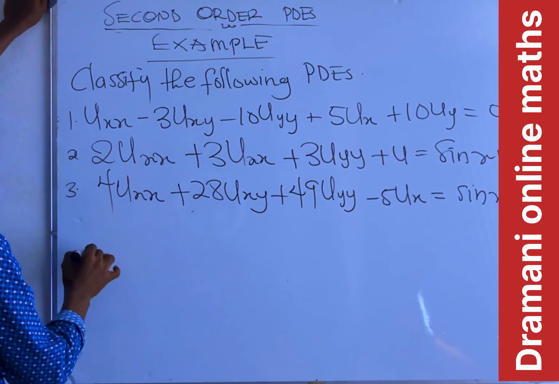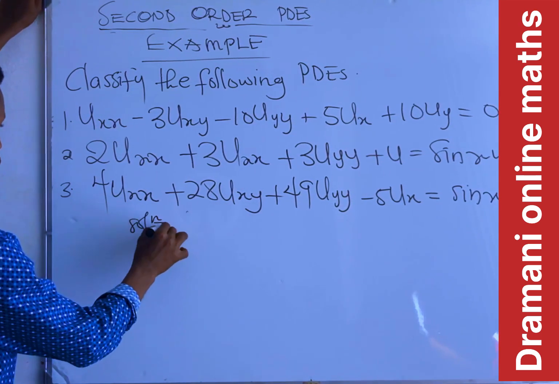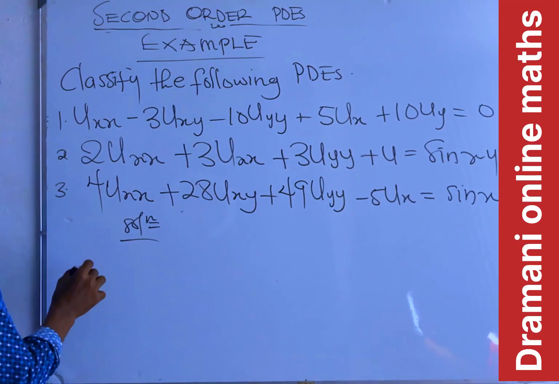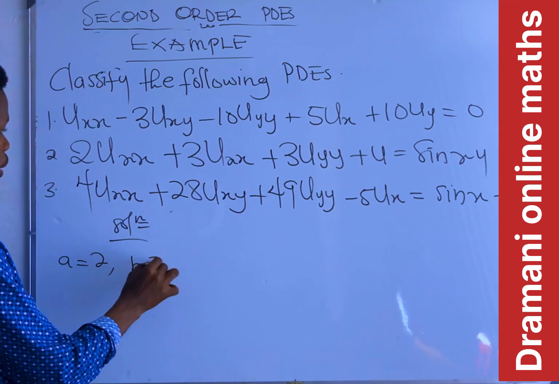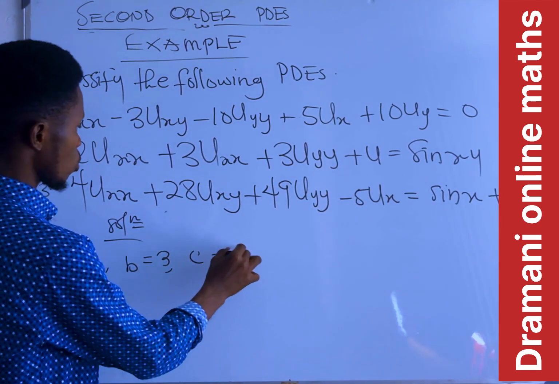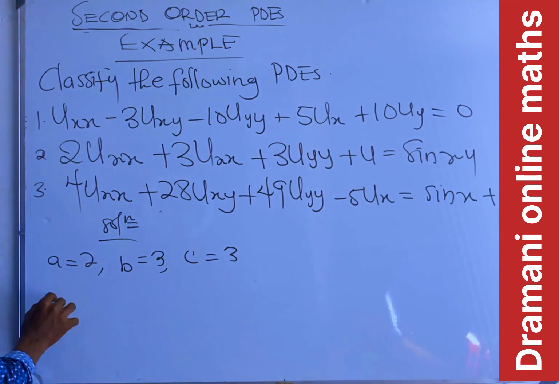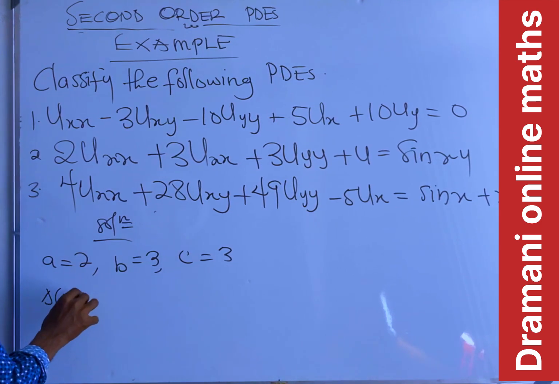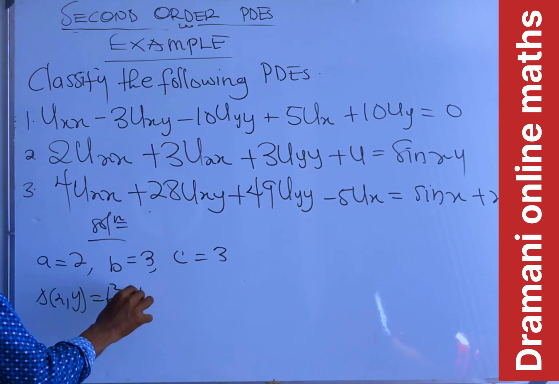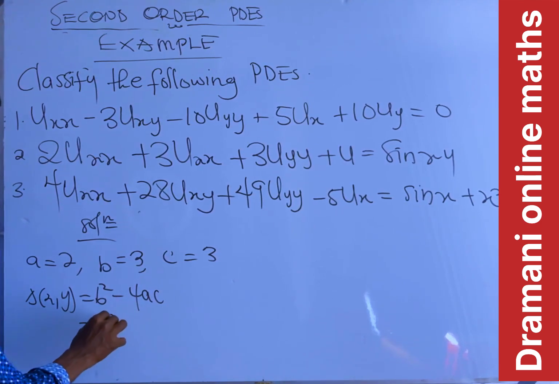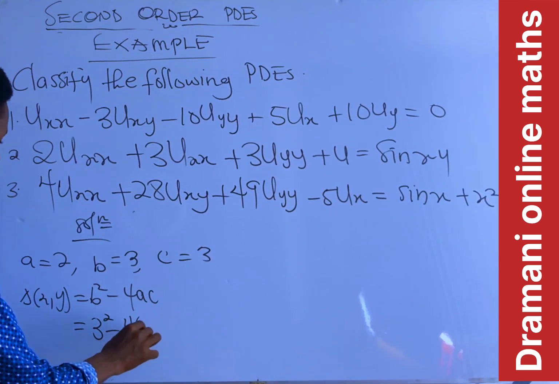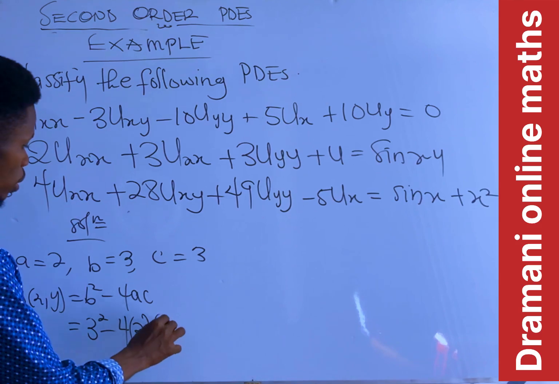Where is it? So solution, we have A to be 2, B to be 3. So what is C? C is also 3. Therefore, looking at our discriminant, which is b squared minus 4ac, our b is 3, so that will be 3 squared minus 4 multiplied by 2 multiplied by 3.